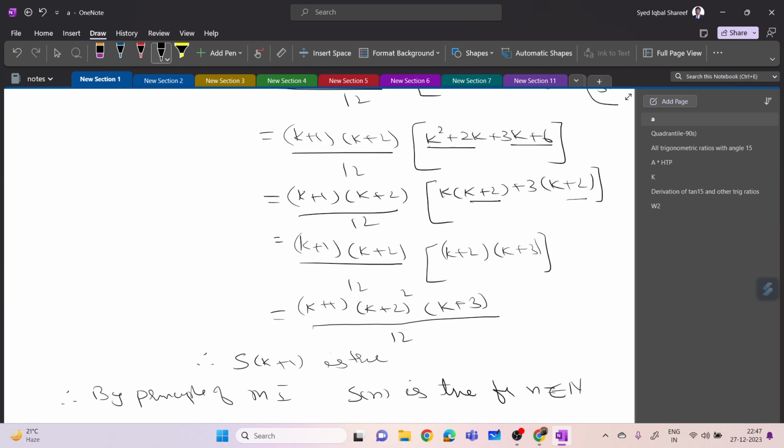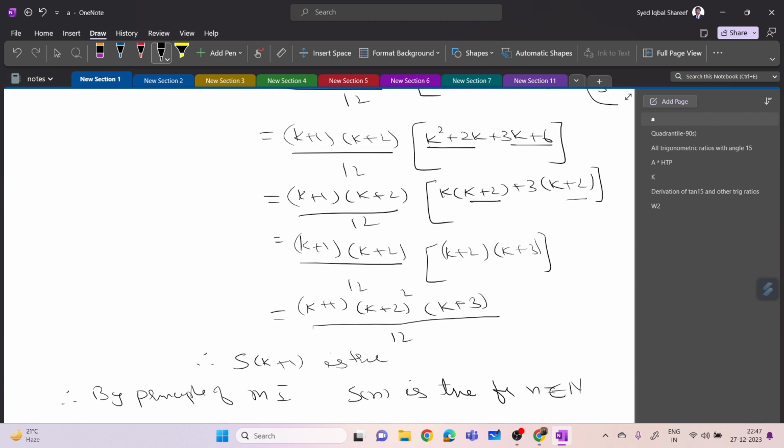So there are three steps. One step is n equal to 1. Second step is we have to assume that it is true for n equal to k. Third step, if we are able to prove it is true for n equal to k plus 1, hence by induction it is true for all values of n belongs to natural numbers.